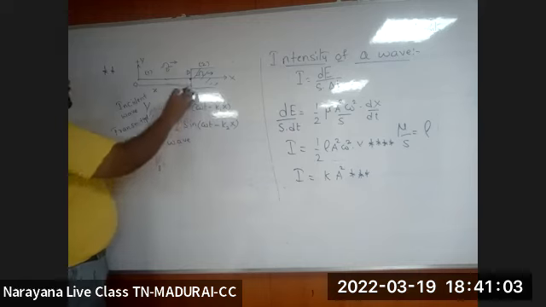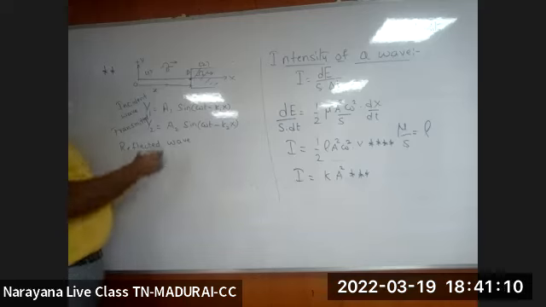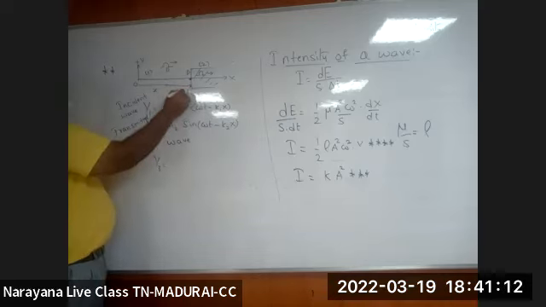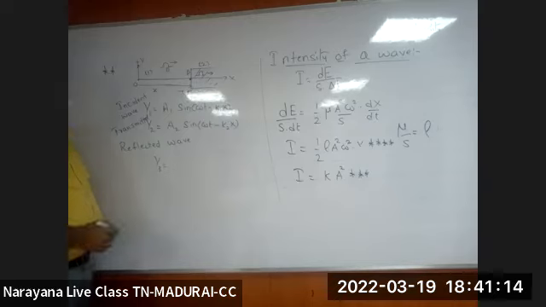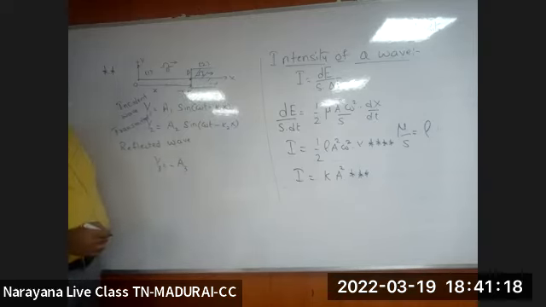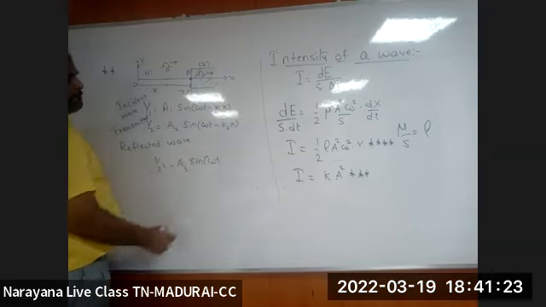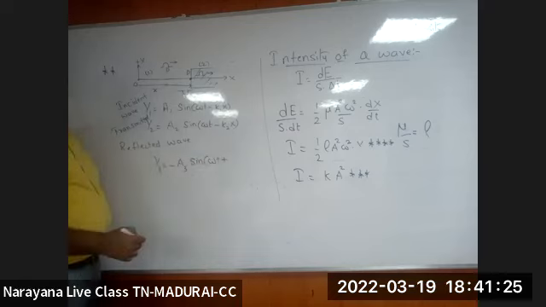As I told you many times, any wave bounced back from a rigid boundary becomes inverted. So what do I have to write here? Minus A3 sin of omega t plus K3x.